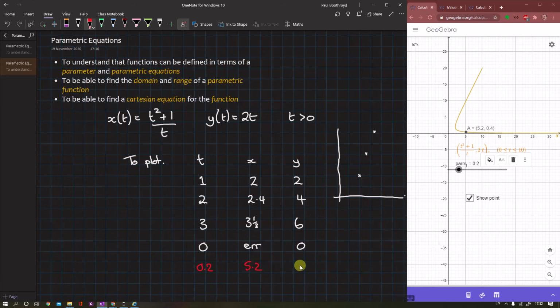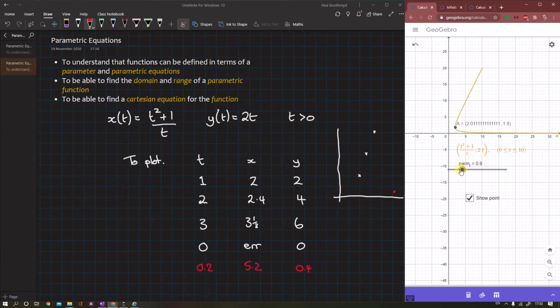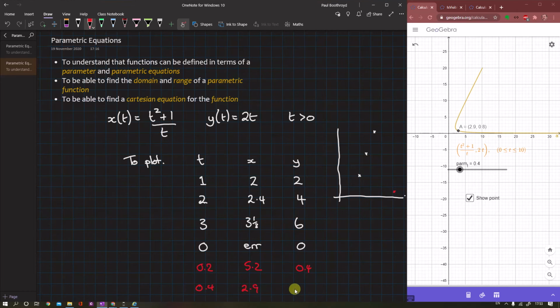So we get 5.2 and 0.4. Go to 0.4, and you get 2.9 and 0.8. So these numbers are what you would get from putting this into your calculator.